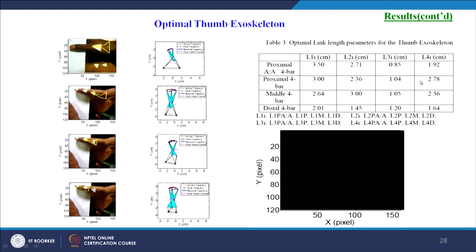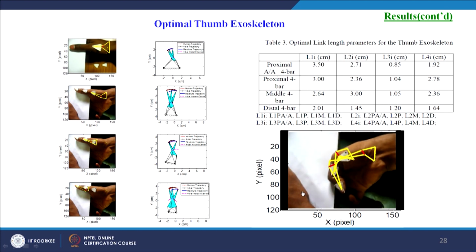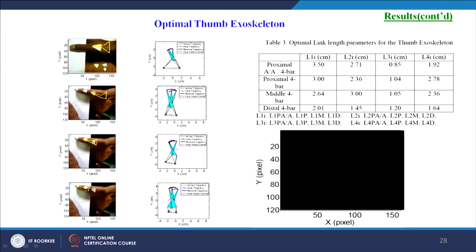Then we have finally the thumb exoskeleton, for the flexion extension and also for the abduction adduction motion, and thus it has 4 degrees of freedom. All these parameters are given here, that is the link length parameters for all the 4 bar mechanisms, totally 4 four-bar mechanisms.